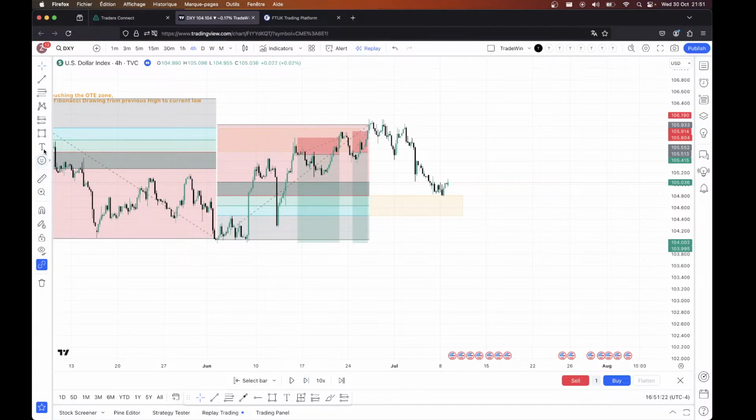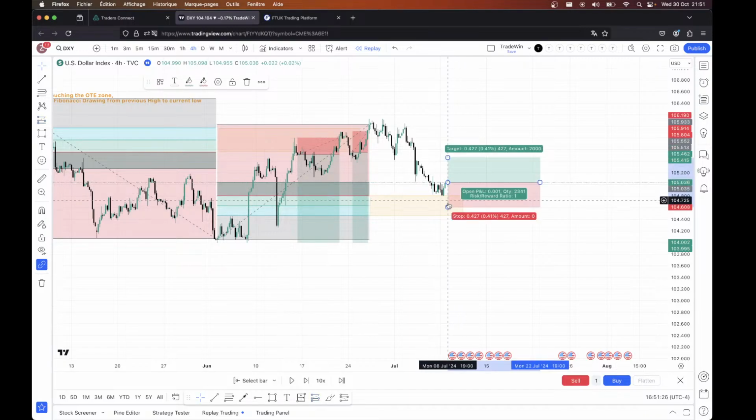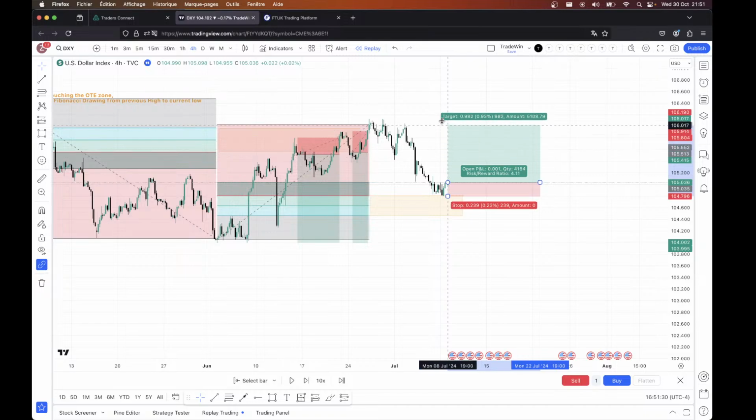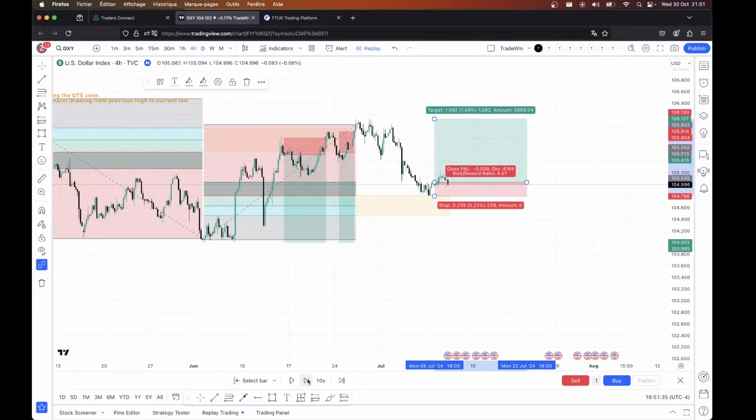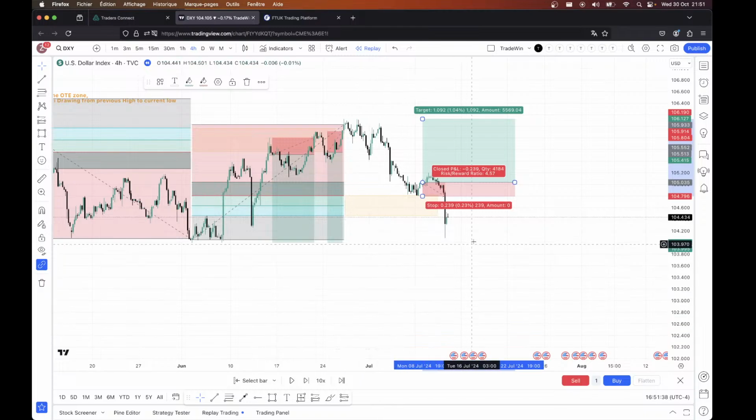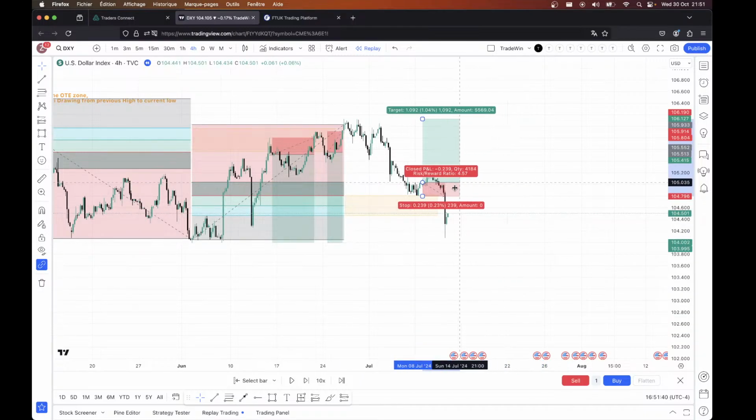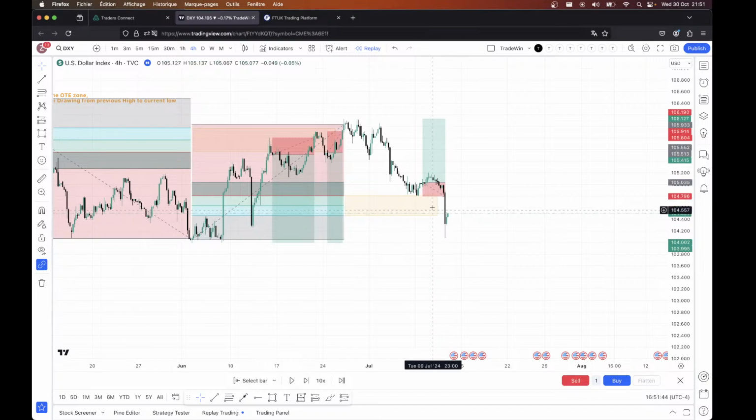This might be a good trade. Maybe, maybe not. If we are long, this is what could be taken as a trade. Okay, taking a loss. And more than taking a loss, we breach here the zone.